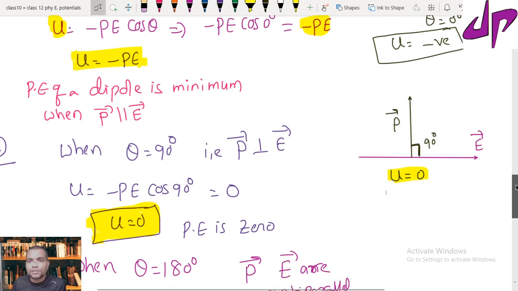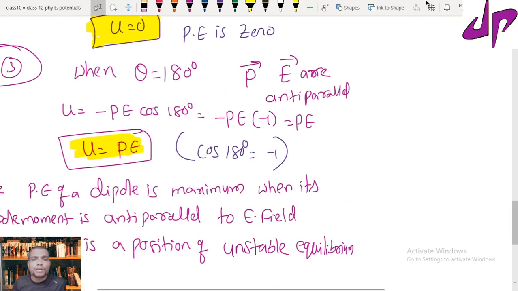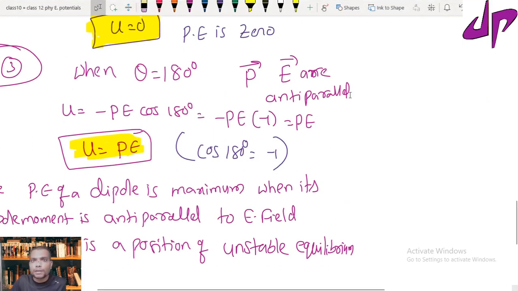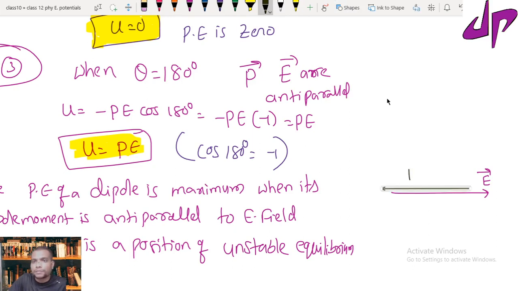Now the final case, the unstable equilibrium. Suppose the electric field vector is purple in color, so this is the electric field vector, and if you take the dipole moment, the dipole moment is now in this opposite direction, P bar.